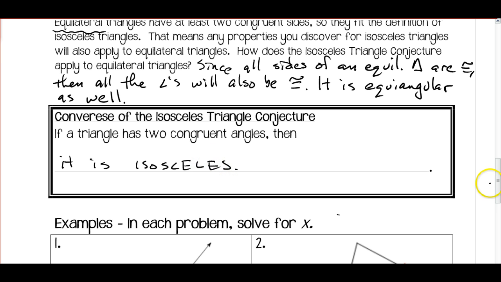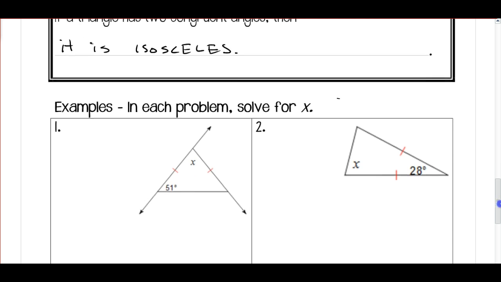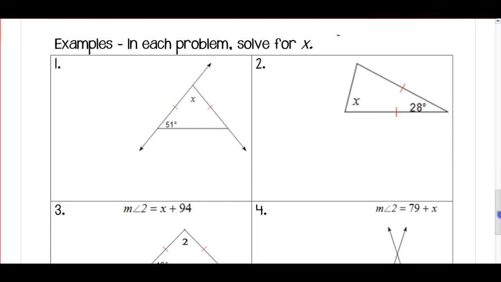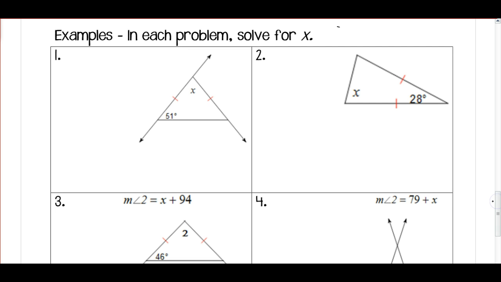Let's look at a few examples. For each of these, if you want to pause the video and try to work them on your own, that would be great. Otherwise, you can follow along. For the first problem, notice the two tick marks here. Since these two sides are congruent, the angles across from them are also congruent.